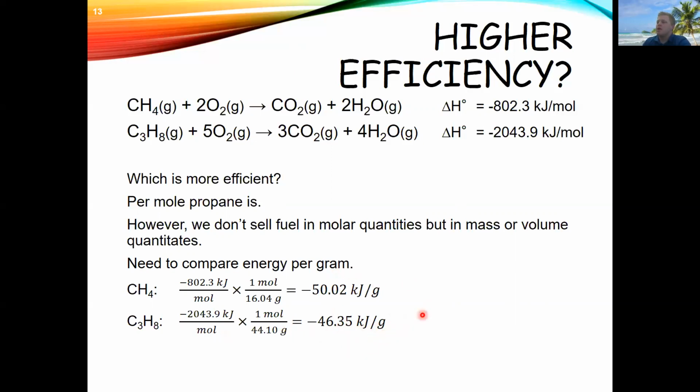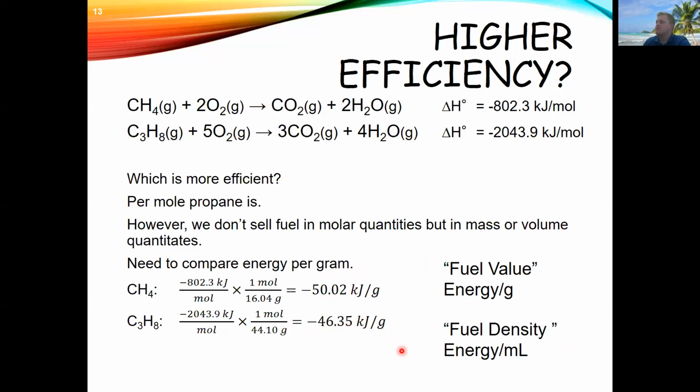So when we talk about fuel value, which is measured in energy per gram, methane actually has a higher fuel value than propane. There's another metric for measuring fuels called fuel density, which is energy per volume. And so in energy per volume, propane is actually higher in energy than methane.